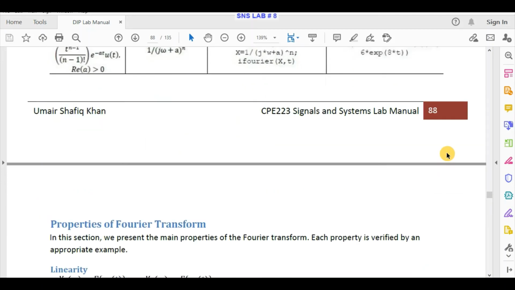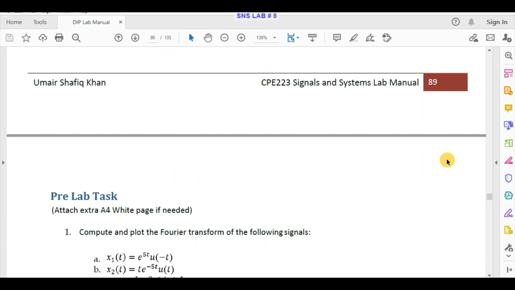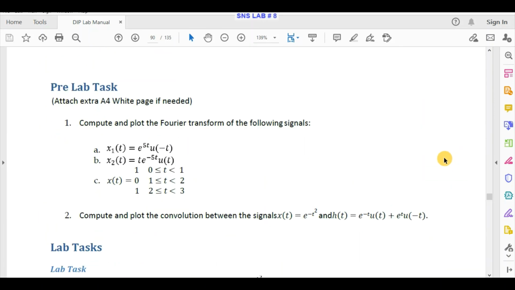So now we will go for a task. For example, we have a signal x1 of t is equal to exponential power 5t, and a unit step function u of minus t. So first of all we need to initialize some symbolic variables.